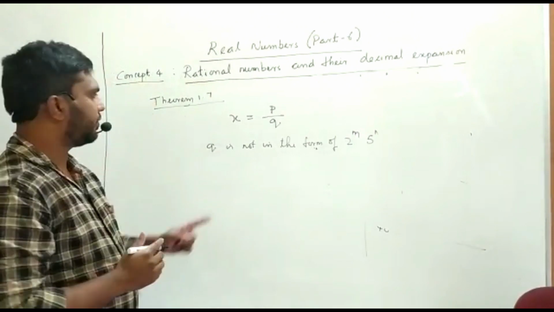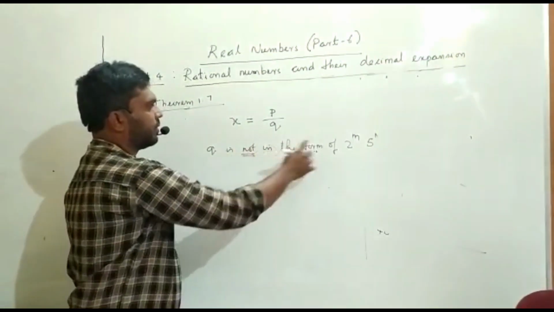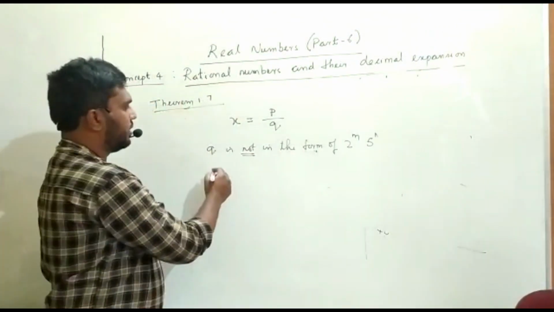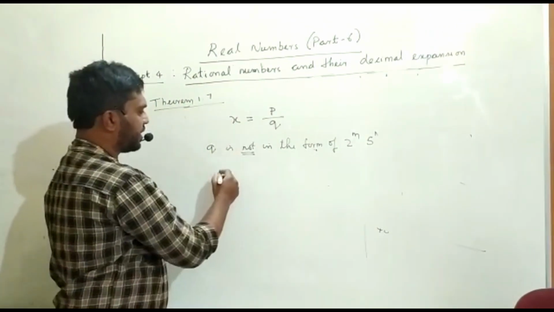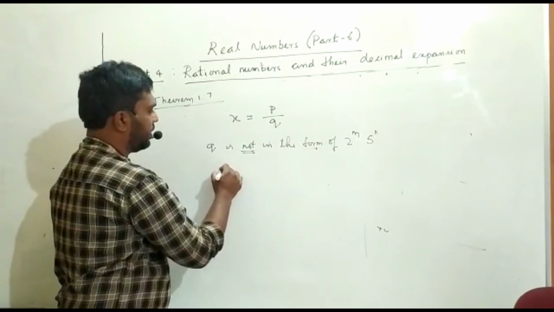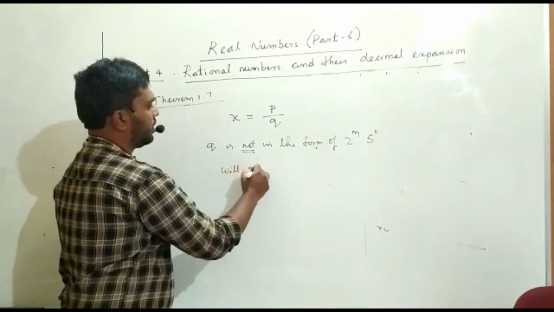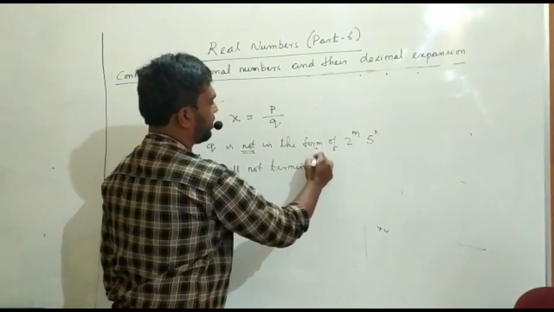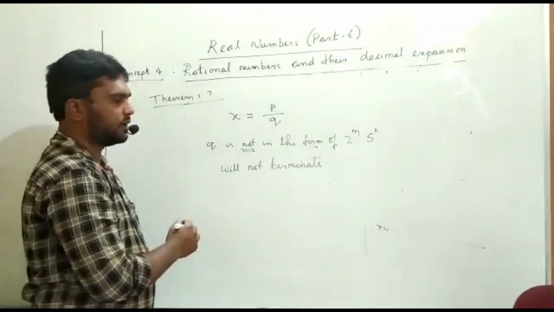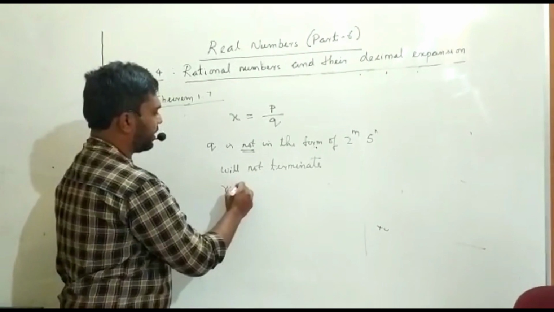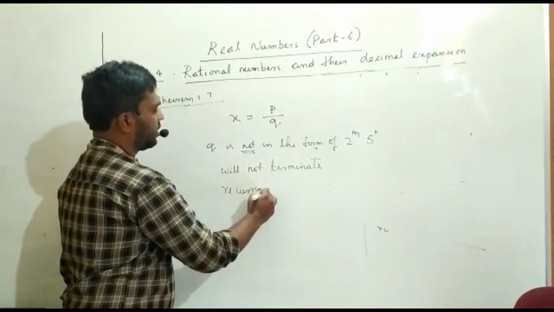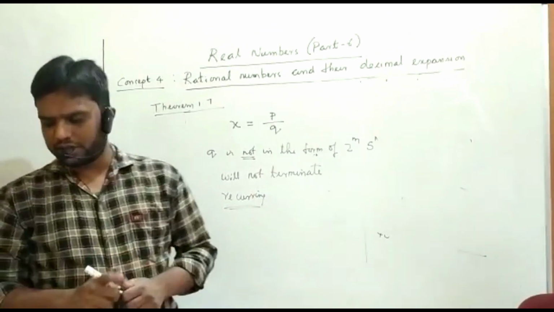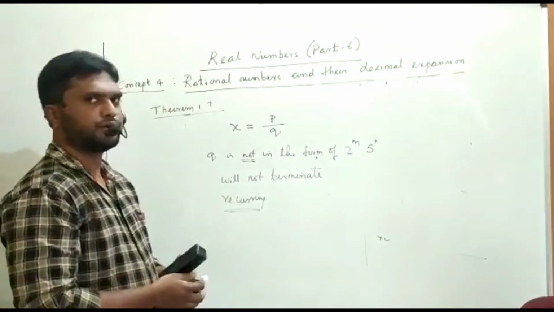In this case, if it is not in the form 2 to the power of m and 5 to the power of n, then the decimal expansion will not terminate. You will get recurring decimals in this case.